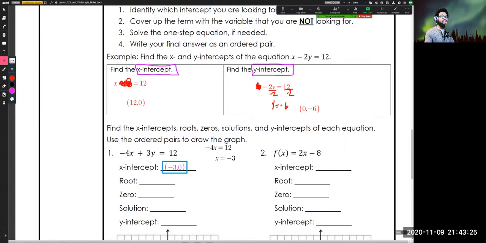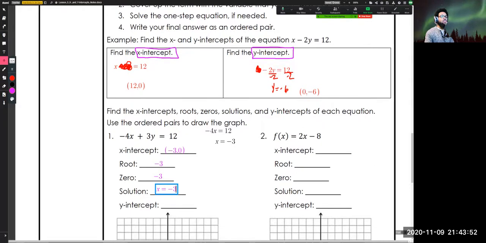Now my root is also going to be negative 3. If you think back to the notes we did before, my roots and zeros are all the same. It's just going to be that x value. And now my solution is the same value, but we write that differently. That one is written as x equals negative 3, okay?